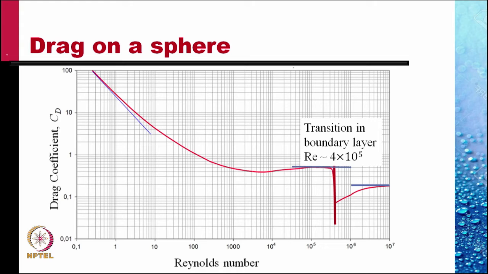There's a little more pressure recovery, and so the pressure drag reduces. Though, of course, as was mentioned in the last lecture, the shear drag or the skin friction drag has increased slightly. But the skin friction drag does not dominate. What dominates is the pressure drag. And so a reduction in pressure drag leads to reduction in the drag coefficient.